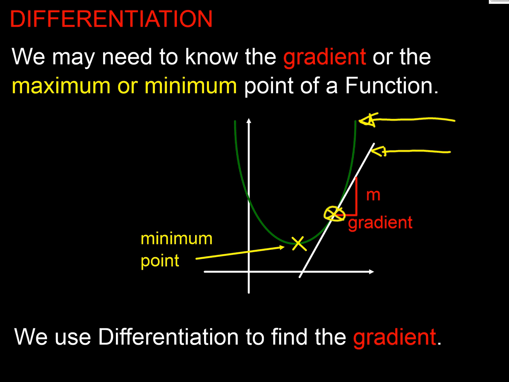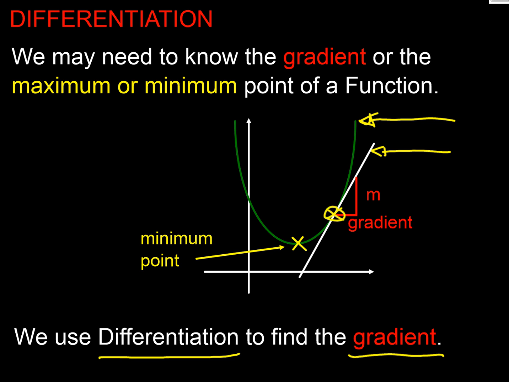It's the instant growth. It's the instant gradient. And we do this by finding small differences. Hence we have this term differentiation, because we're looking at small differences. But for the purposes of this introductory video, I'm just going to talk about gradient, yeah? And we'll use that term.